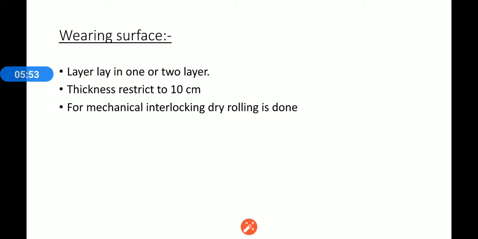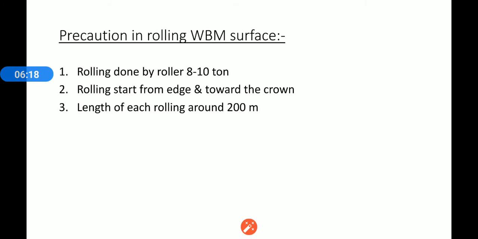The rolling is continued till the layer is partially compacted. On the top of this, a layer of binding material, stone screening of 12 mm size, is spread so that all the voids in the coarse aggregate layer are filled. Next one is shoulder. Shoulder is mostly prepared for the side of the road surface.